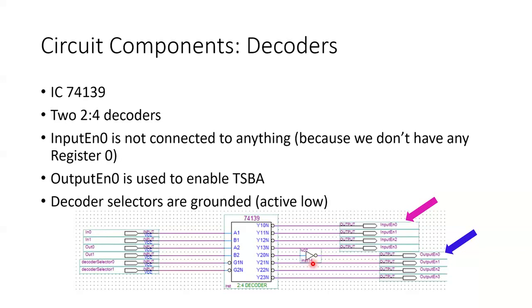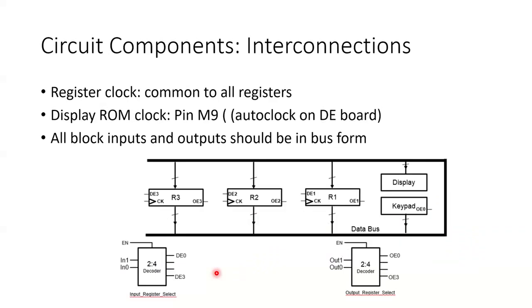And then the decoder selectors that you can see over here, the decoder selector 0 and 1, they should be grounded because they have bubbles here, which means they're active low. So you want both the decoders to be on at the same time. So you'll be grounding both of them. So you don't have to assign them to any switch on the board.